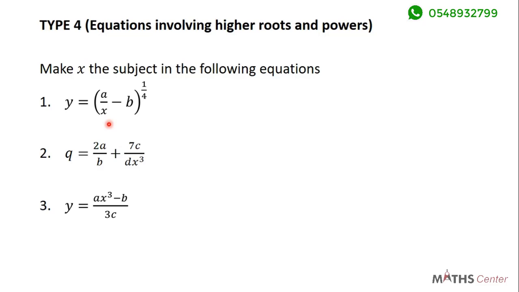But in these types of examples, if you take the first one, it contains a fourth root. So you will be considering third roots, fifth roots, fourth roots, and above. In the previous example, we were considering just the square root. Here we're considering third root, fourth root, fifth root, and above.